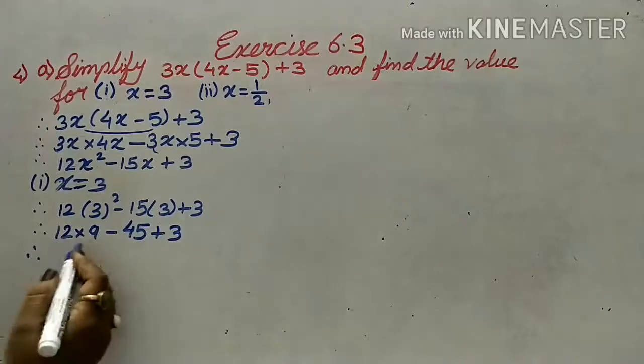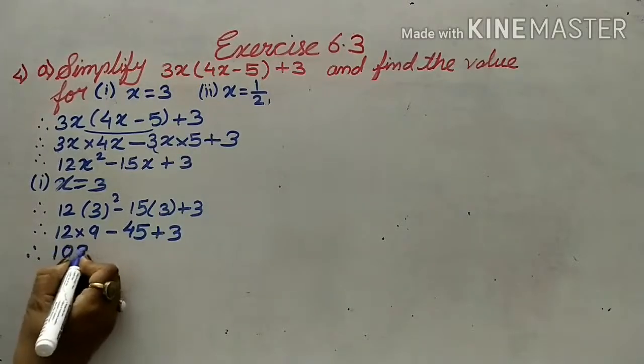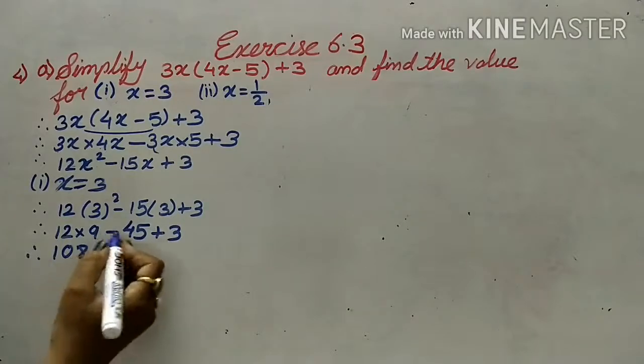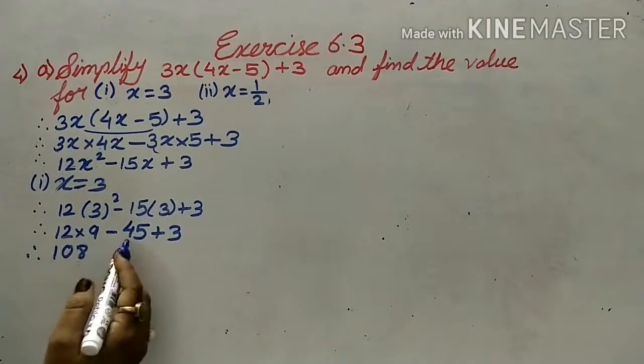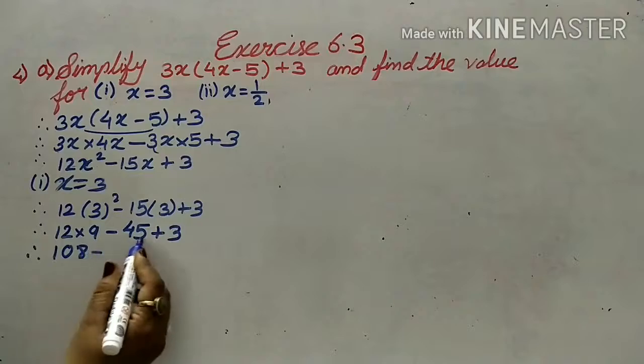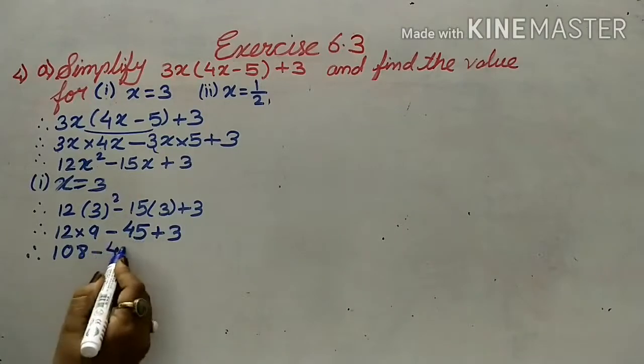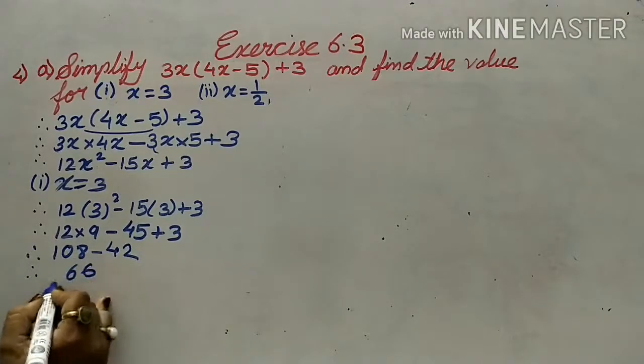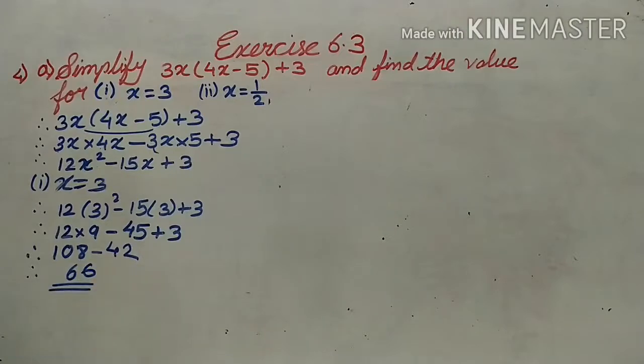Therefore, 12 9s are 108. Now 45 minus 3. So plus minus minus, but greater number is negative. Therefore minus 45 minus 3, 42. Therefore, now 108 minus 42, it is 66. The answer is 66.